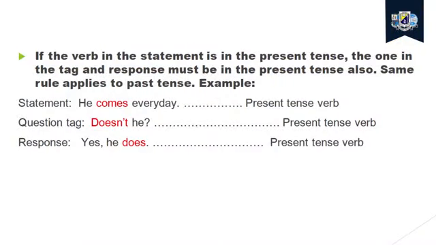The third rule is that the verb in the statement and the verb in the question tag must agree. What I mean by that is that if the verb in the statement is in the past tense, then the verb in the question tag must also be in the past tense and in the response as well.